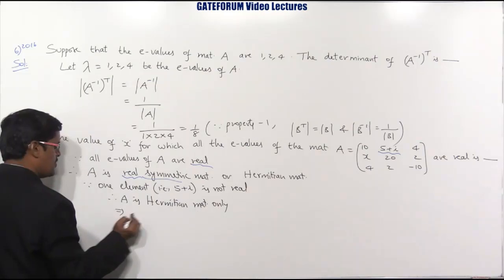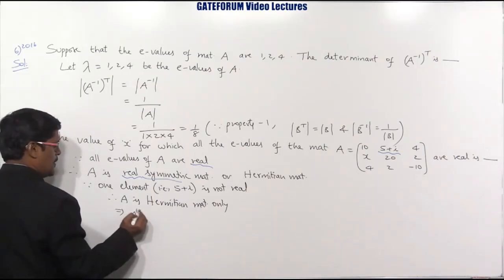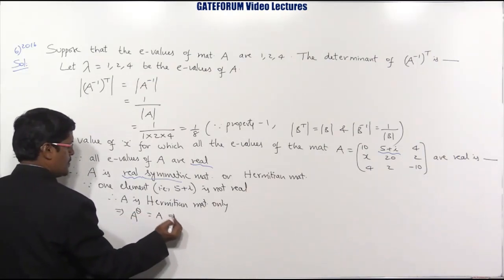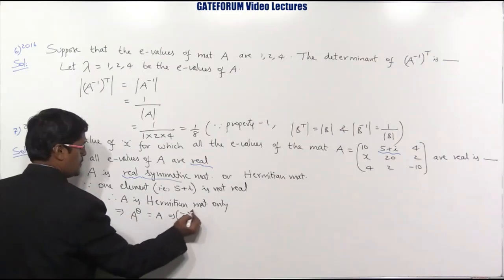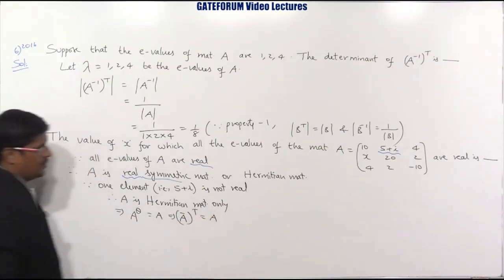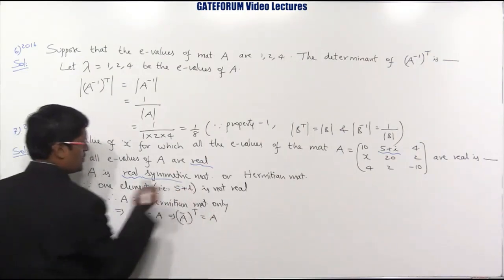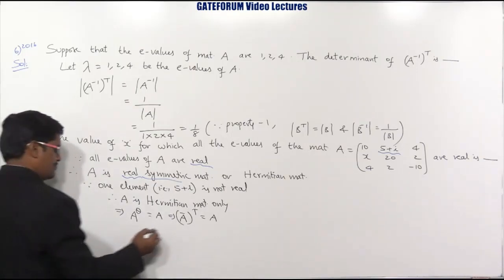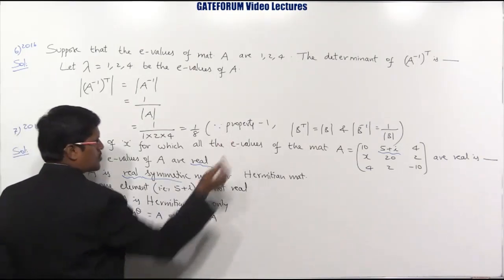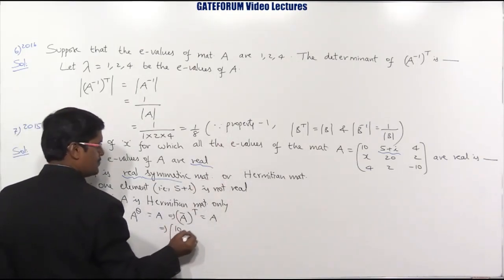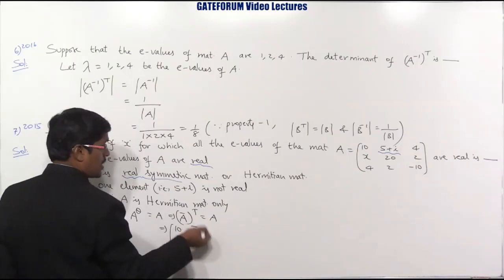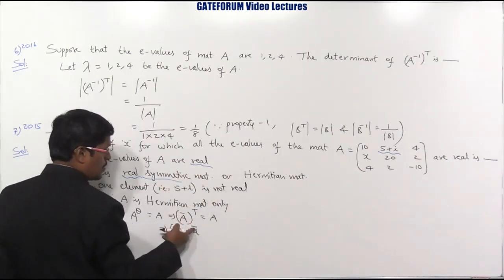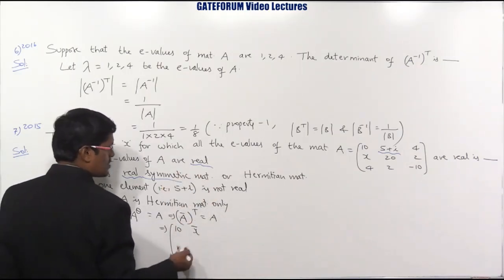What is the Hermitian matrix definition? A dagger is equal to A. That means A conjugate transpose is equal to A. Am I correct or not? So, you know, conjugate and then transpose. 10 will become here x bar after transpose. We don't know the x value, that's why I put conjugate of x, that is x bar.